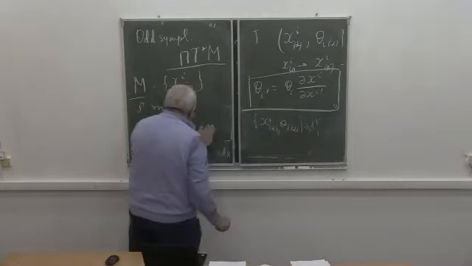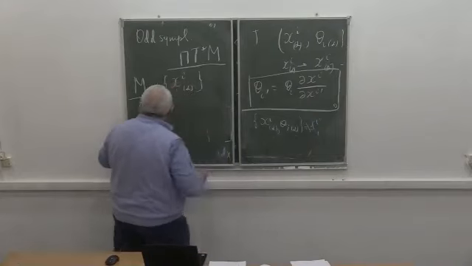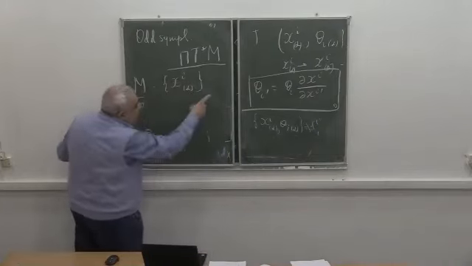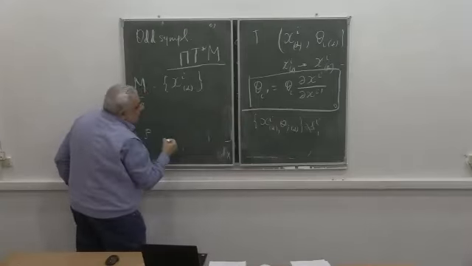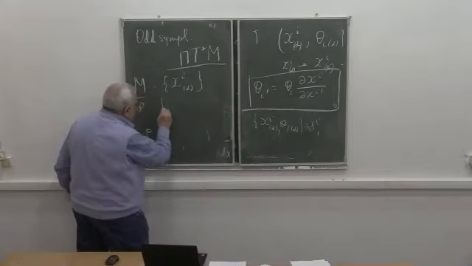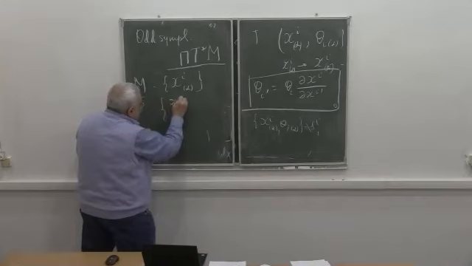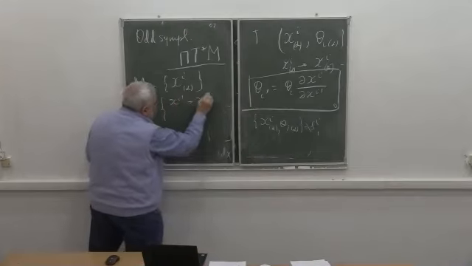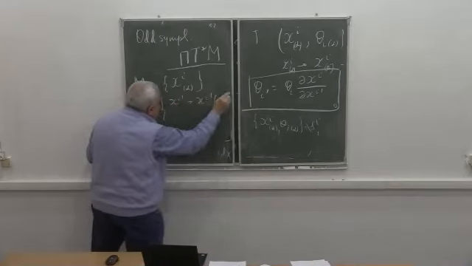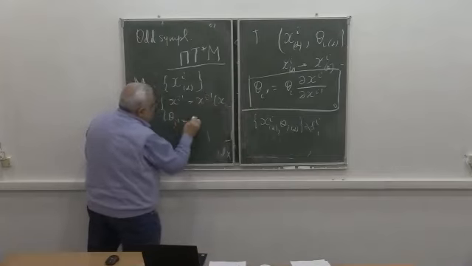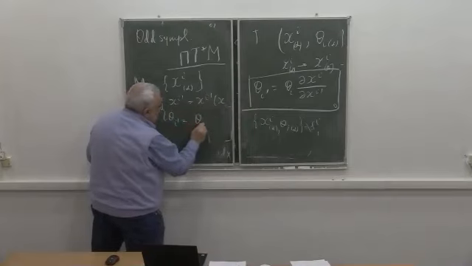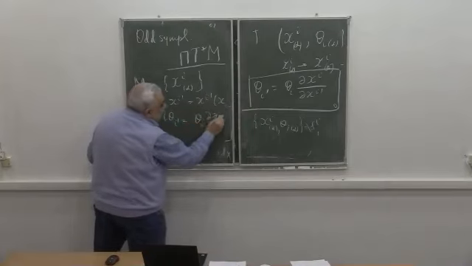Okay. So now let's see what happens with the check. If you see this changing of coordinates, let us see what happens with the Berezinian of the transformation: x prime equals x prime of x, and theta I prime equals theta I dx prime by dx.